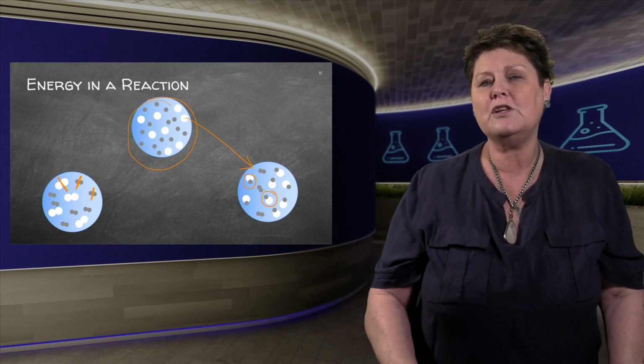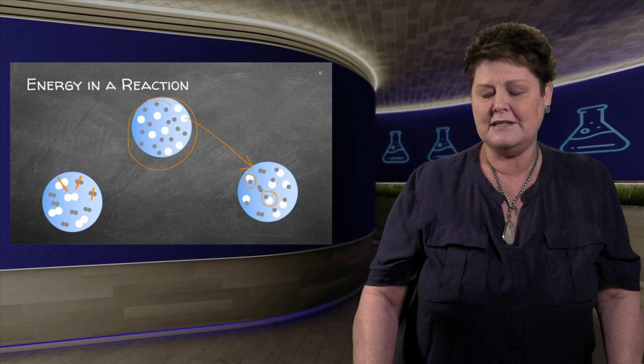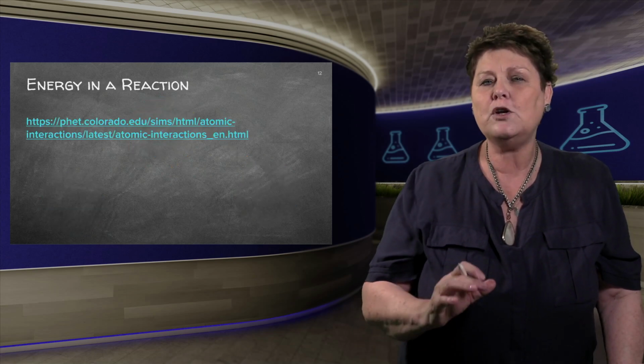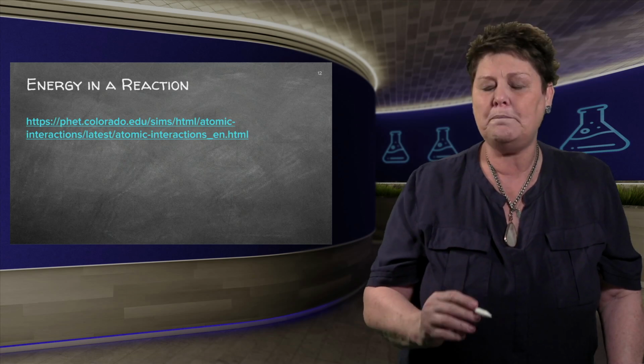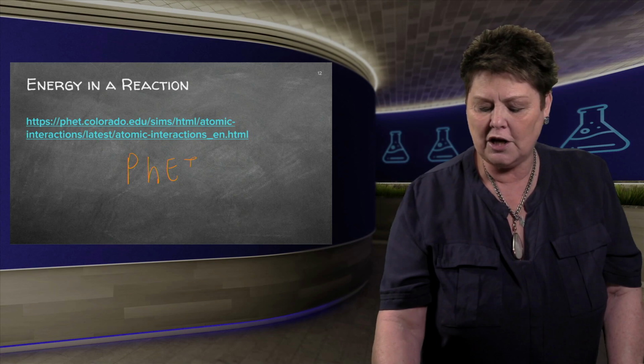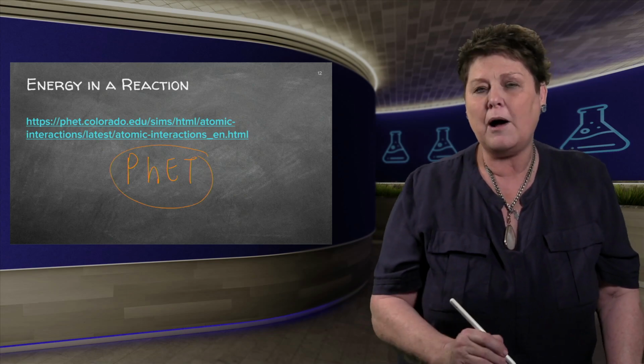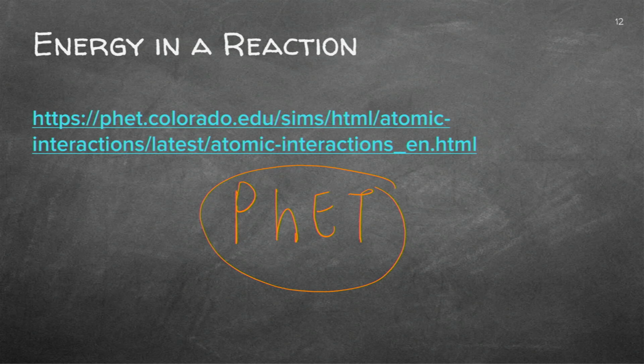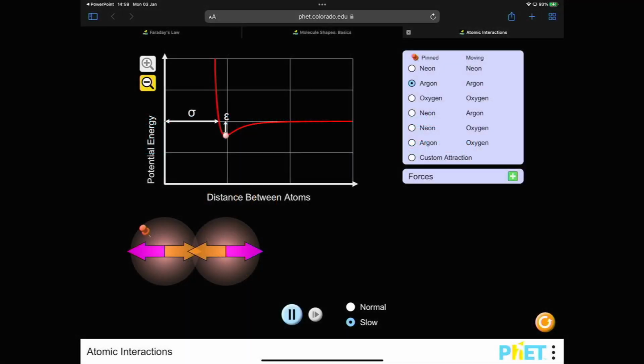We'll quickly show this graph on a simulation to you, and you can also go onto the PhET. It's a very nice program. You can go to the PhET program. It's by Colorado, and play a little bit with the simulation. So here we can see a simulation. On the y-axis, the potential energy, and on the x-axis, the distance between the atoms.